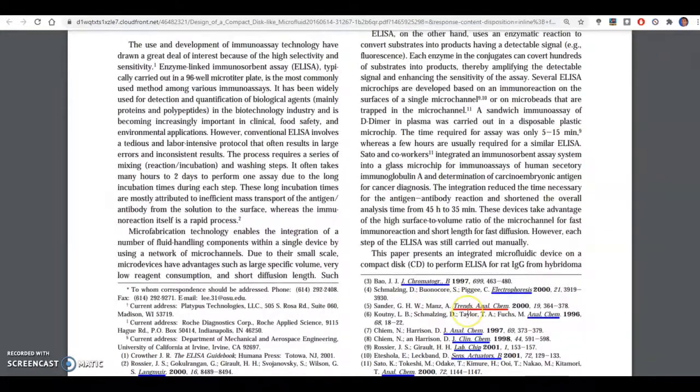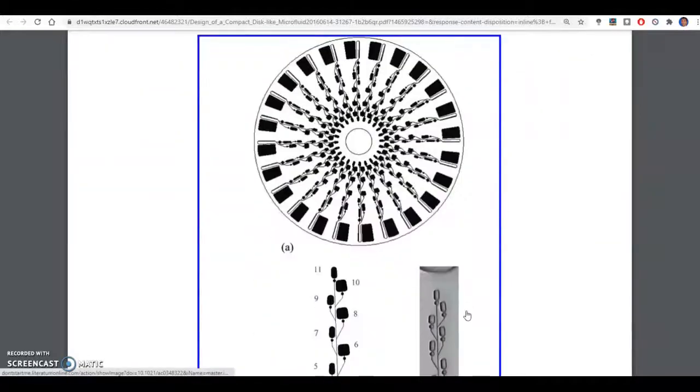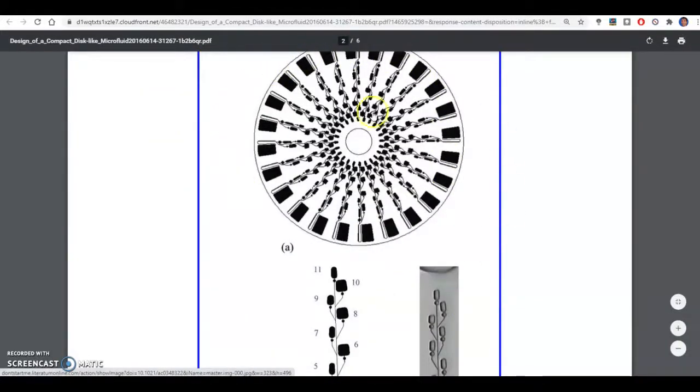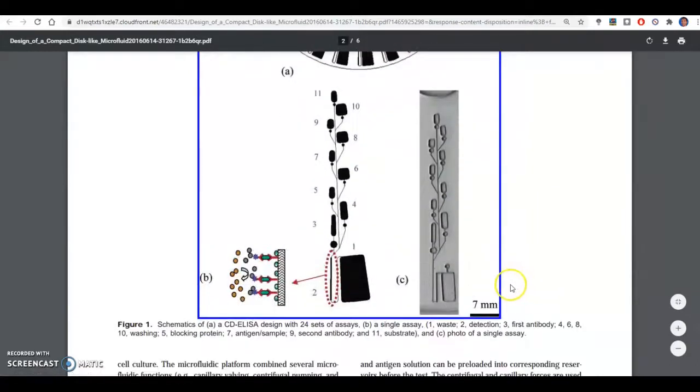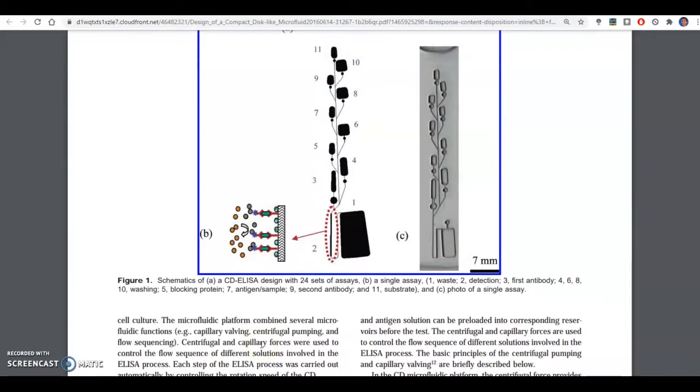So this paper basically discusses how a CD, this is a CD with all these chambers, can actually be used to detect cells or certain things in the cell by using ELISA reagent.